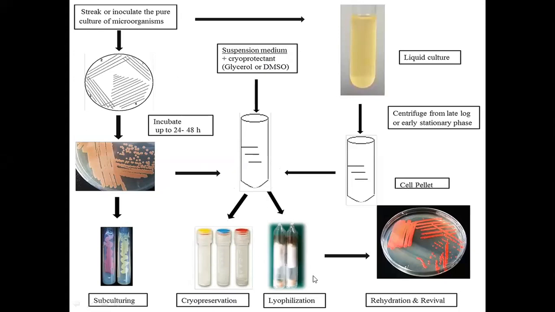Here this is lyophilization, where the liquid culture with the cryoprotective agent is allowed to sublime, meaning all the water will be evaporated, then it will form a powdery kind of material in vials, and they will be sealed and stored for a long period. After storage, whenever there is a requirement, by adding fresh medium you can revive the cultures, plate them on a new plate, and you will get your colonies.